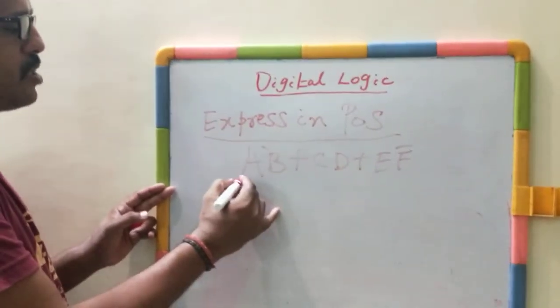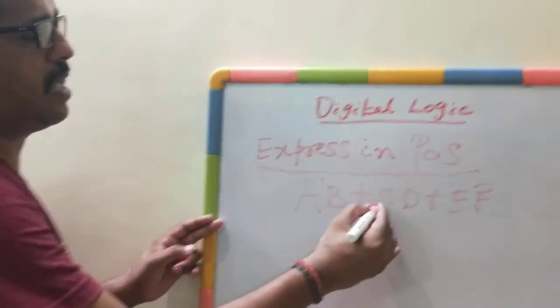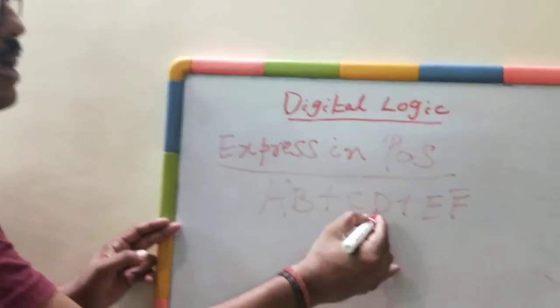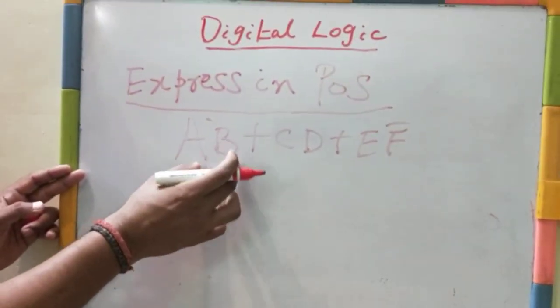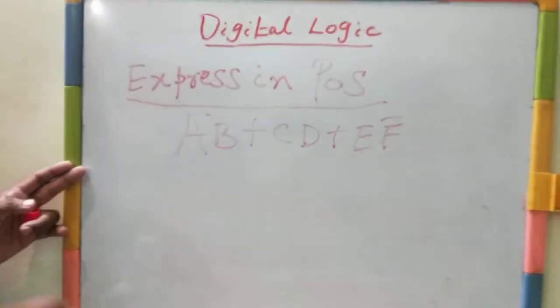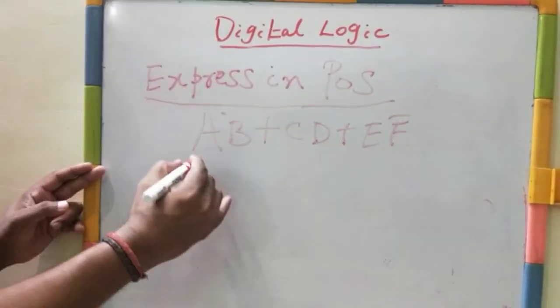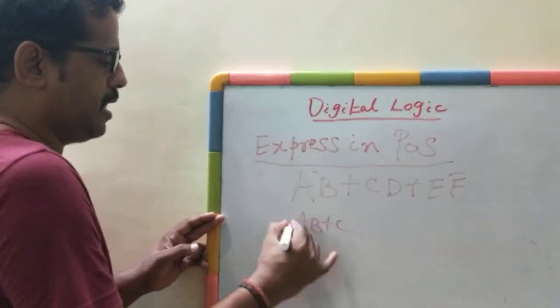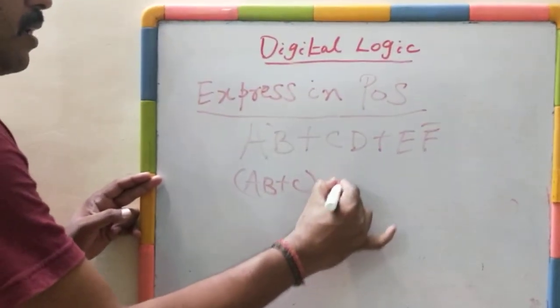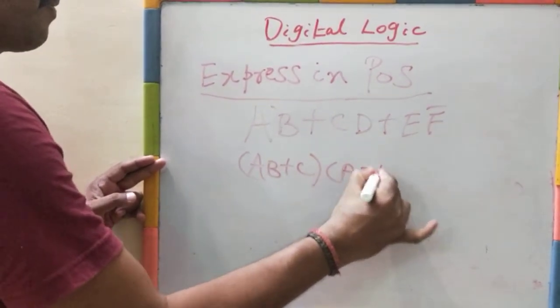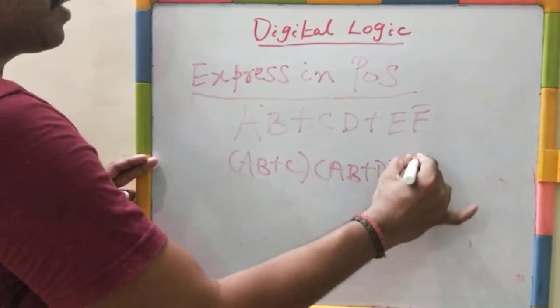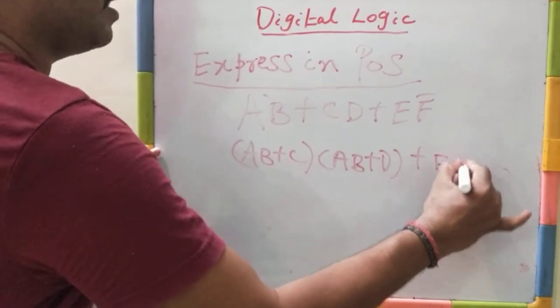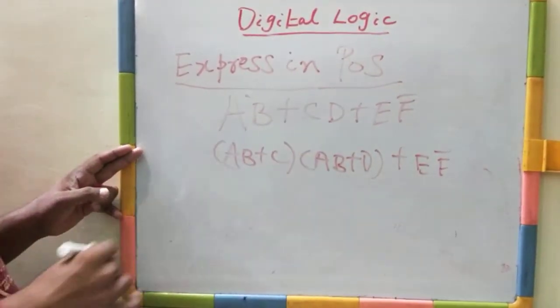I am assuming AB as x, C as y, D as z. So we will be getting x plus yz, which is nothing but our distributive law. So I am going to write it as AB plus C into AB plus D. I am retaining this EF dash.